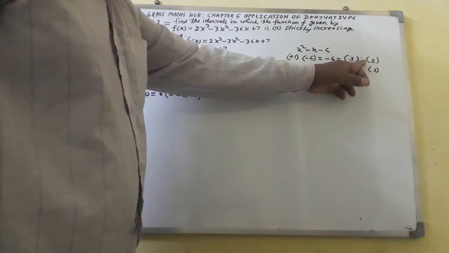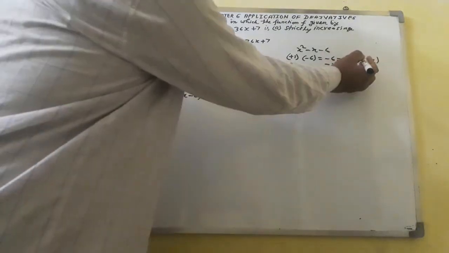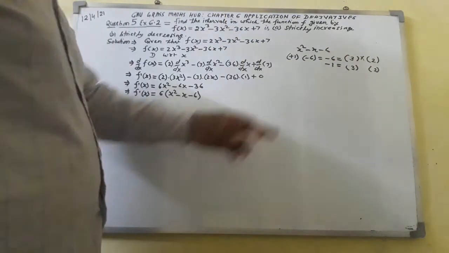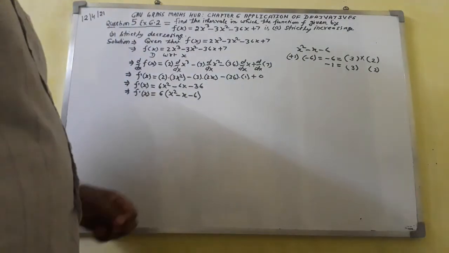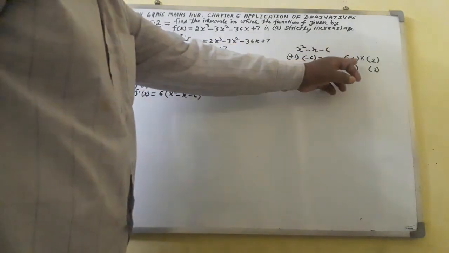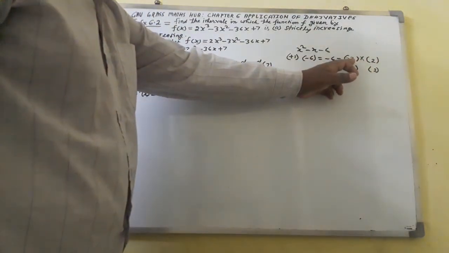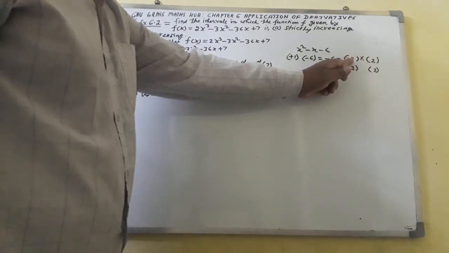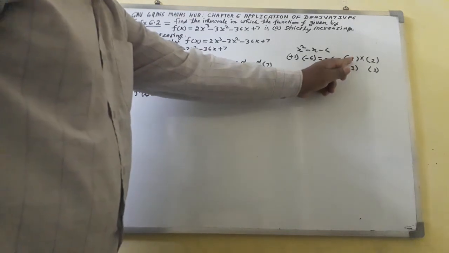Now multiply: 3 times 2 gives 6, but if you put minus, minus 3 multiplied by 2 gives minus 6. Whichever digit and sign comes at this place, the same digit and sign comes here.